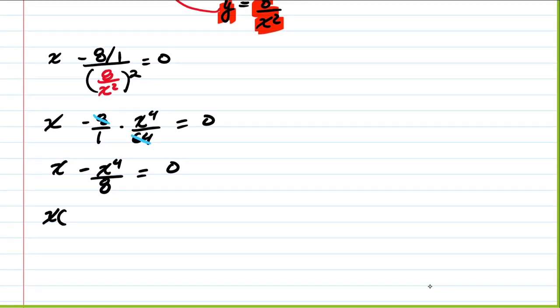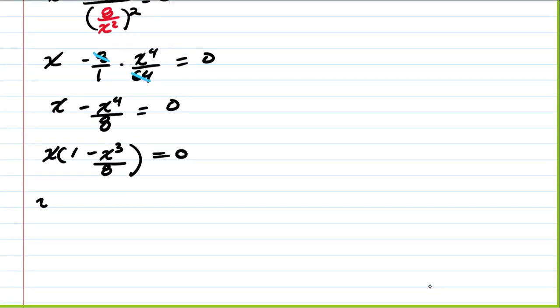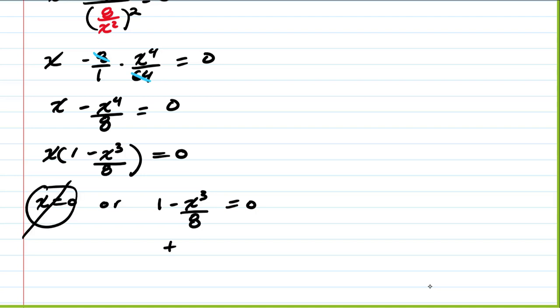We still get the x equals 0, but now we have 1 minus x cubed over 8 is equal to 0. So this gives us our two equations, x equals 0, or 1 minus x cubed over 8 is equal to 0. So we're not going to worry about the x equals 0 solution because x has to be bigger than 0.